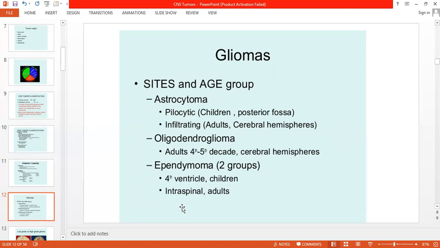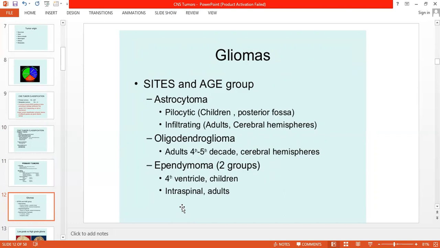Gliomas. A few words about gliomas. The benign astrocytoma or grade 1 glioma frequently occurs in children and is frequently located in the posterior fossa in the cerebellum. Infiltrating gliomas are frequent in adults, and the cerebral hemispheres are frequently involved.